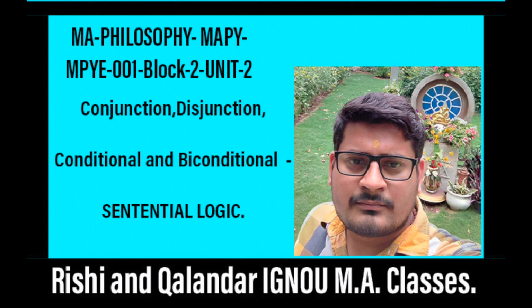Since conjunction is a truth functionally compound sentence, its symbol ∧ is a truth functional connective. The truth table of conjunctive propositions provides the truth conditions of conjunctive propositions. Table 2. P, Q, P ∧ Q: 1 1 1, 1 0 0, 0 1 0, 0 0 0.